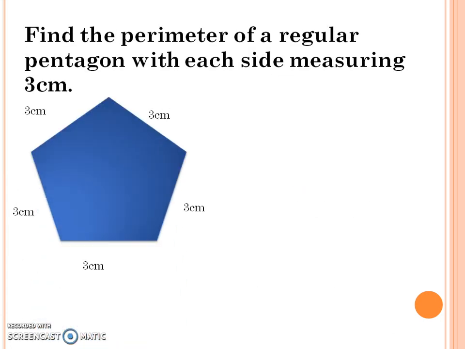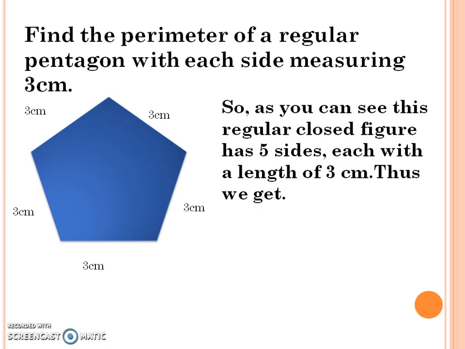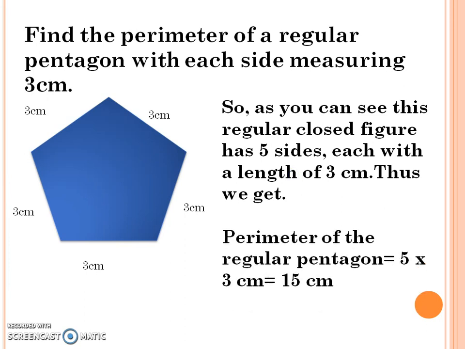Find the perimeter of a regular pentagon with each side measuring 3 centimeter. Pentagon meaning having 5 sides. Penta meaning 5. Okay. Now, as you can see, this regular closed figure has 5 sides, each with a length of 3 centimeter. Thus we get perimeter of the regular pentagon is equal to 5, because 5 sides are there, into 3 centimeter, because each side is of 3 centimeter. So you'll get 15 centimeter as the perimeter.